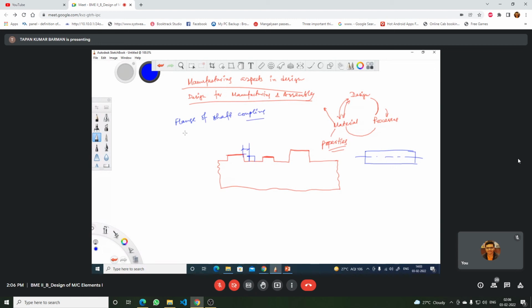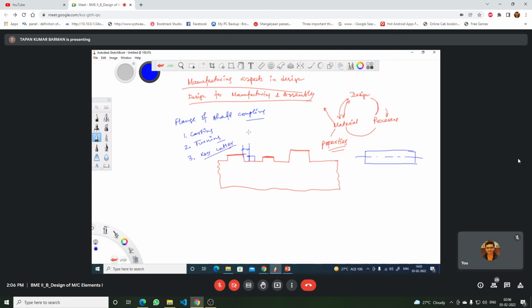Now, what processes do you have to use? One is the casting process. Then you have to go for a turning operation to remove the material, to finish the material. Again, you have to go for key cutting.